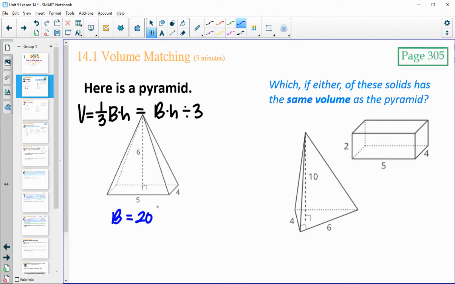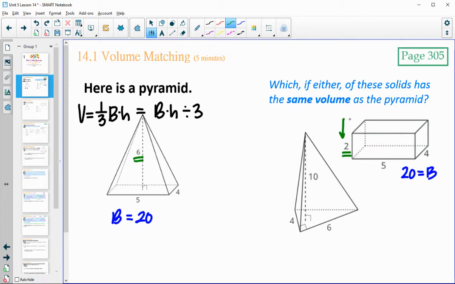This might have been enough for you to look here and say, well, this one has a base area of 20 since 4 times 5 is 20. So we know they have the same base area. So then you could have been looking at the heights here. So this one is a pyramid going up to a point, and this one is a prism staying uniform.